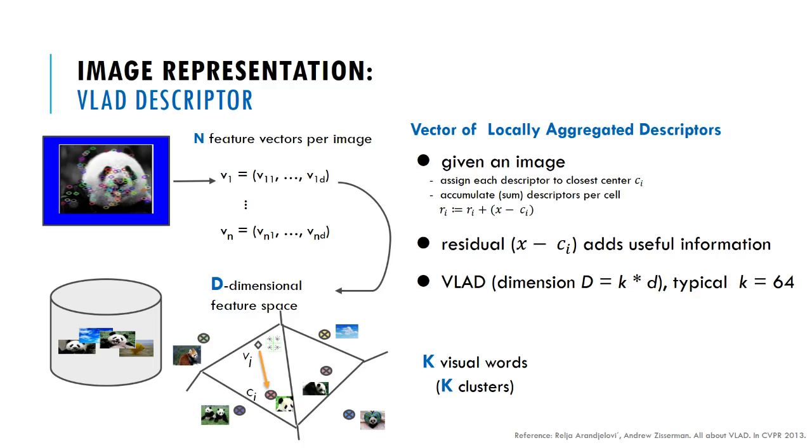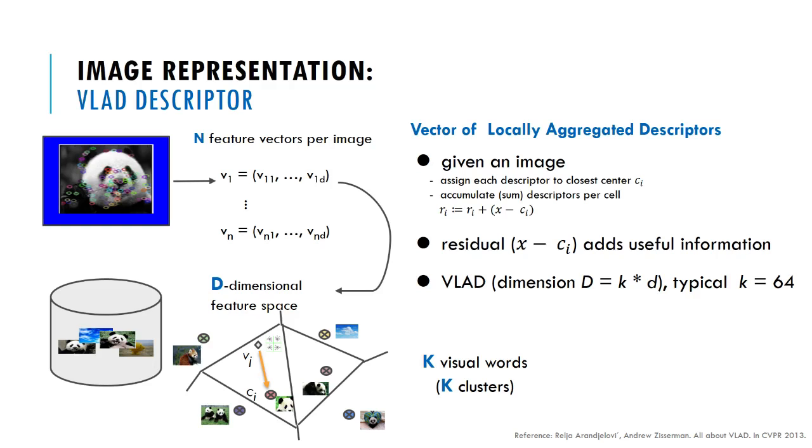We'll be collecting a bunch of feature vectors, and we're going to be running some kind of clustering on those feature vectors, typically k-means again. But the difference for VLAD is that, unlike bag of visual words, k is usually quite small, around 64. So you may be thinking, well, if it's only 64 words, there's going to be a lot of collisions. This is not very discriminative.